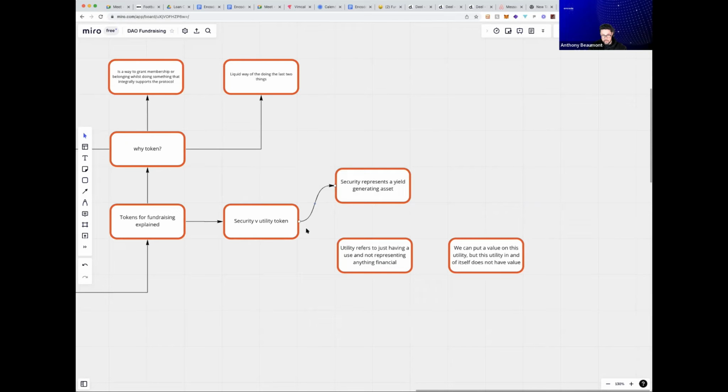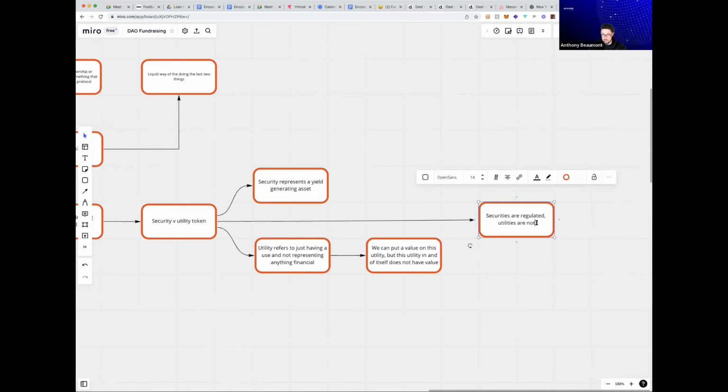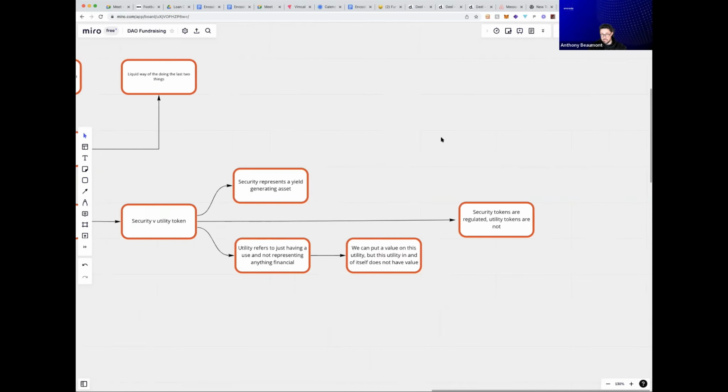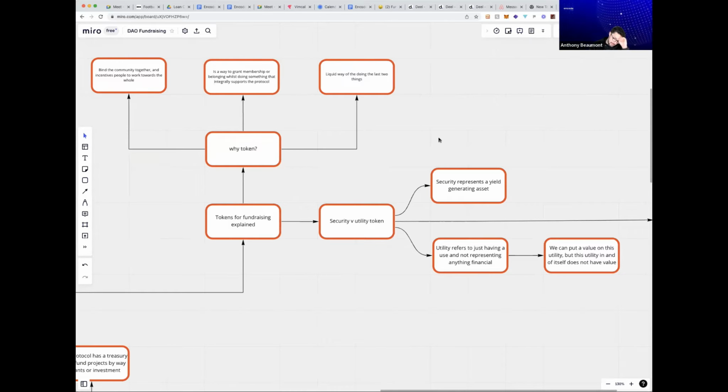Let's draw nice lines. Now, securities are extremely regulated. Security tokens are regulated, utility tokens are not. Now you might say, isn't it weird that it's not about the usage, it's about the asset itself? Regardless of whether it is valuable to have access to this community, the market has dictated that it is valuable, therefore it's a security.